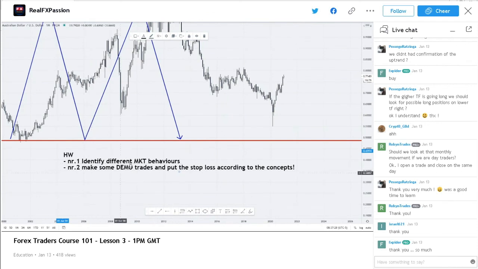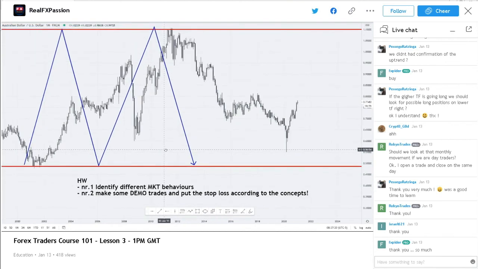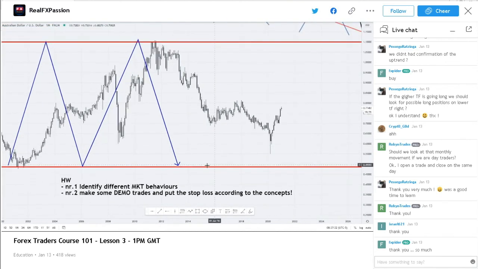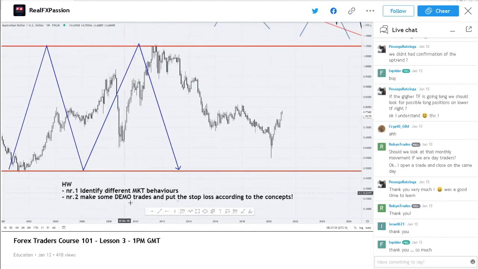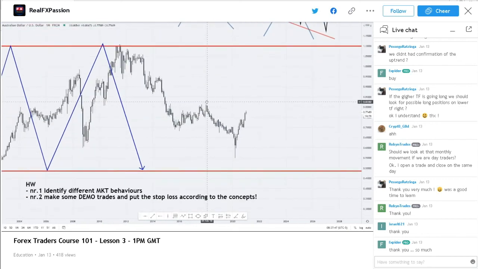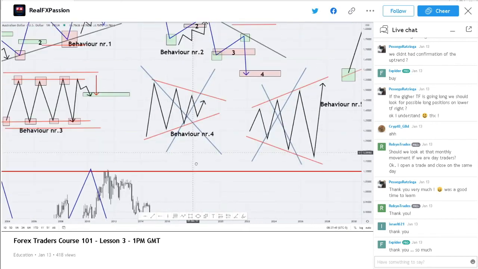Well, you are in a course. Yeah, it's for free, but still, if you want to learn, you need to keep up the pace, right? Homework number 1, identify different market behaviors. We are going to do this right now. And number 2, make some demo trades and put the stop loss according to the concepts.